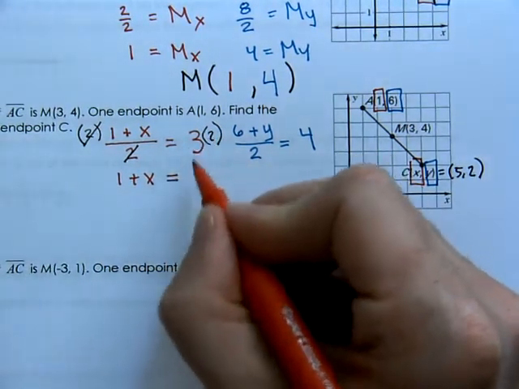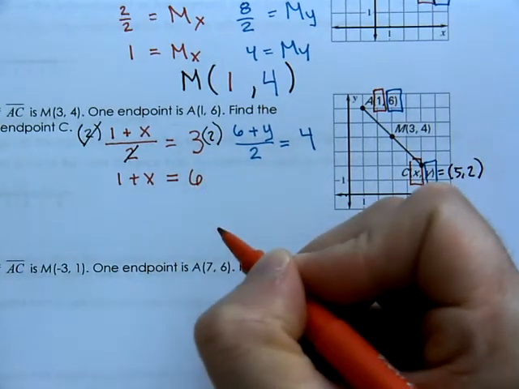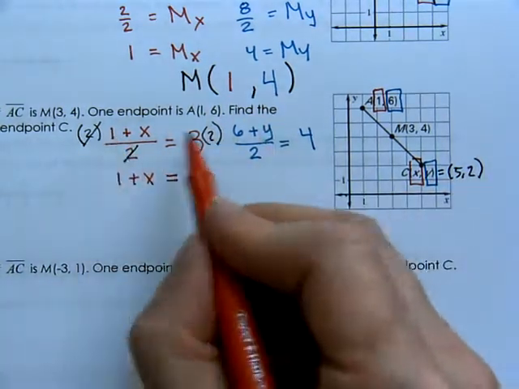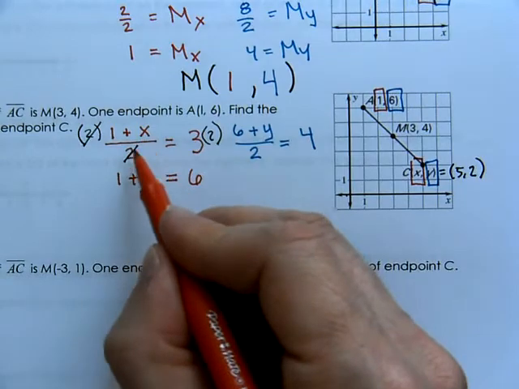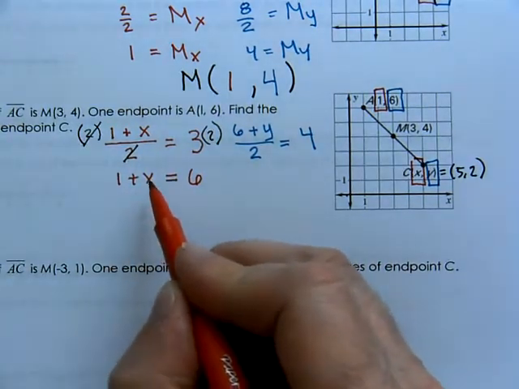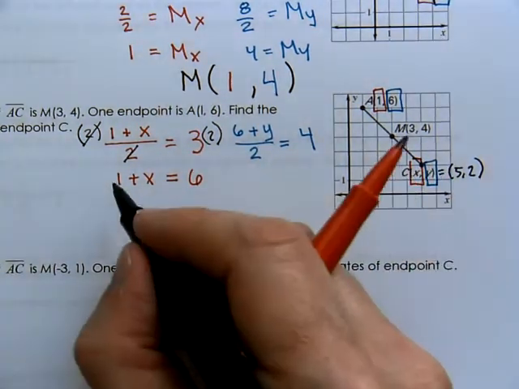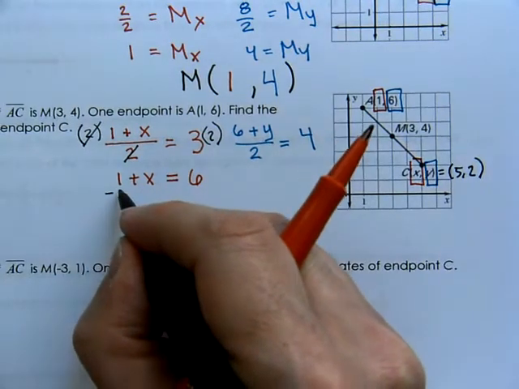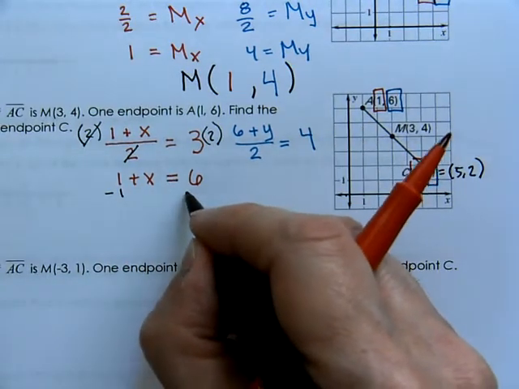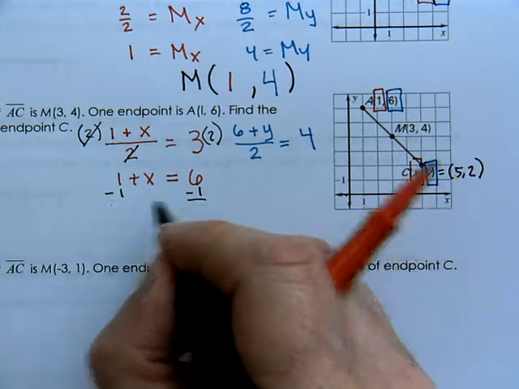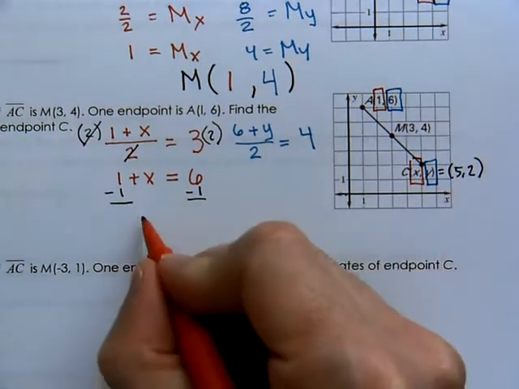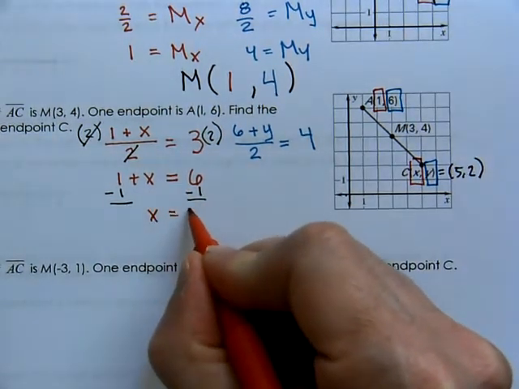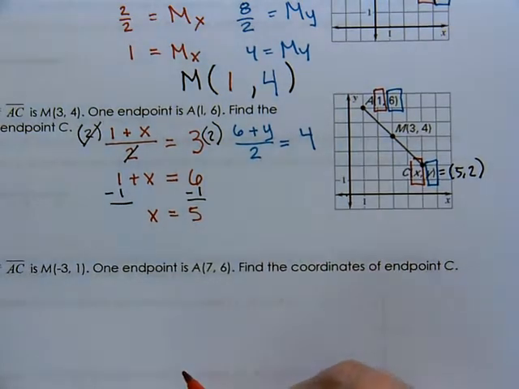And on the right-hand side, 3 times 2 is 6. Alright, so that very first step was so that we could get rid of the fraction. Now the fraction is gone. So now we have x with a 1, and we want to remove that 1. We want to move all of the constant terms to the other side, and so now we have x by itself, and there's our answer, 5.